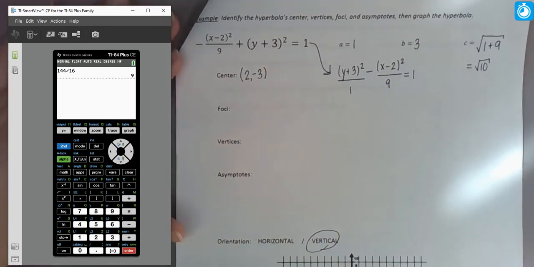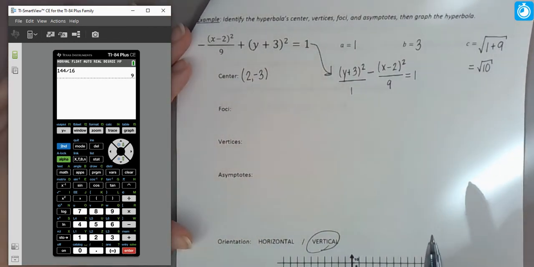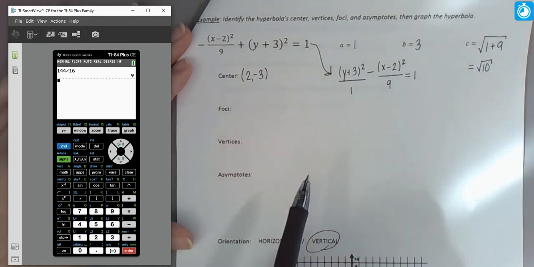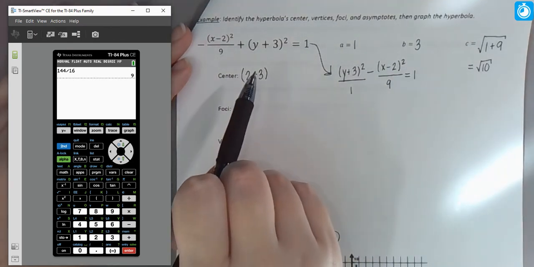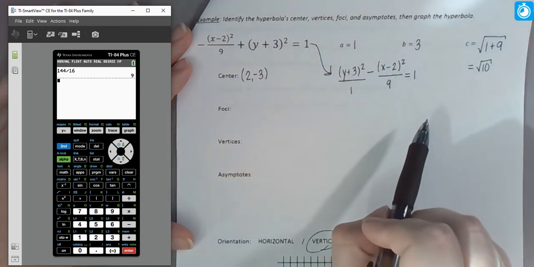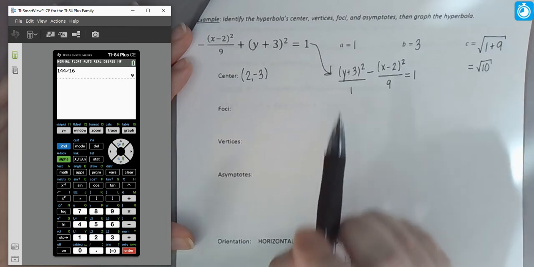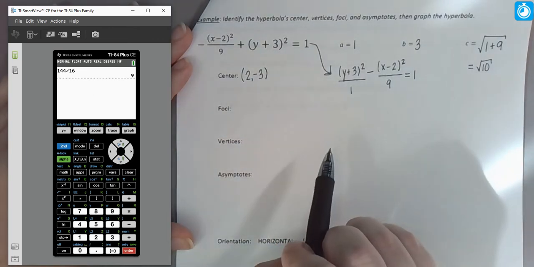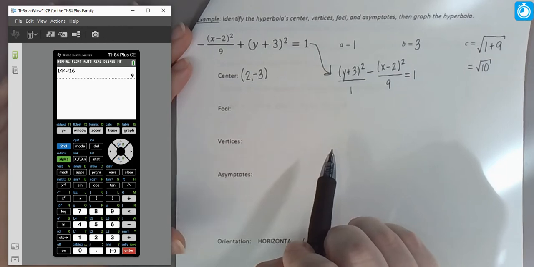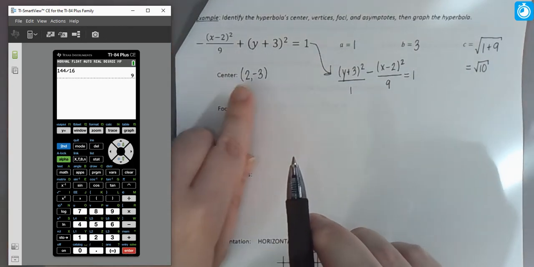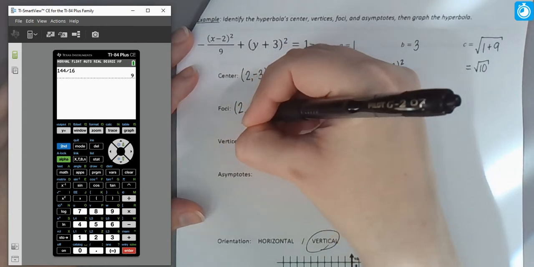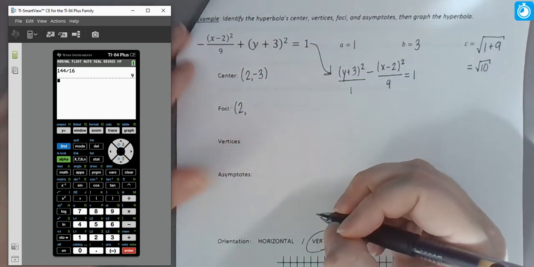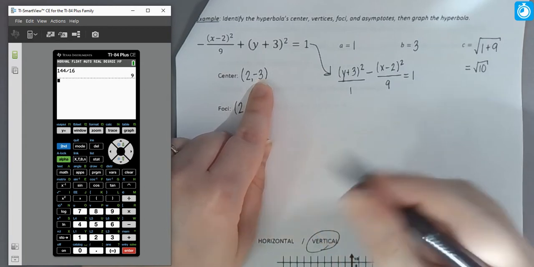Now let's find our foci. So we're talking about a vertical hyperbola. So the foci are going to be above and below the center by c units. So if we're going above and below, we're not adjusting x, we're just adjusting y. So for the foci, the x coordinate is going to be held constant. So we have an x coordinate of 2, and then the y coordinate is the one being adjusted.